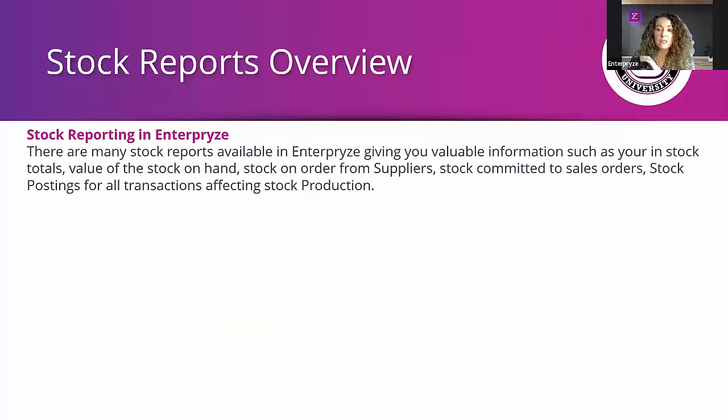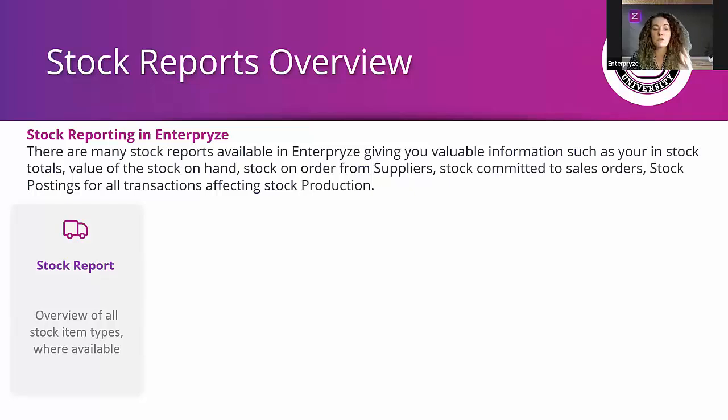We also have, obviously, a plethora of stock reports available through the system that give you so much information, such as the stock report. As you know, it's an overview of all your stock items, where they're available within the warehouse, potentially where they exist in bin locations, batch numbers, etc. And of course, if they are intercompany items, if they exist in another organization.